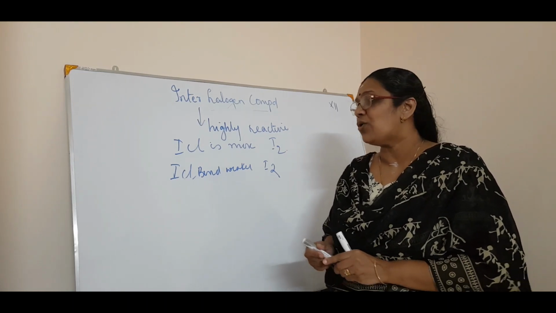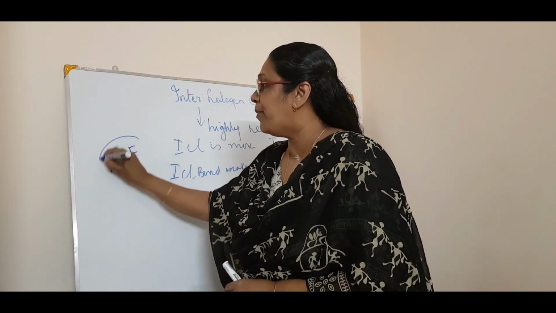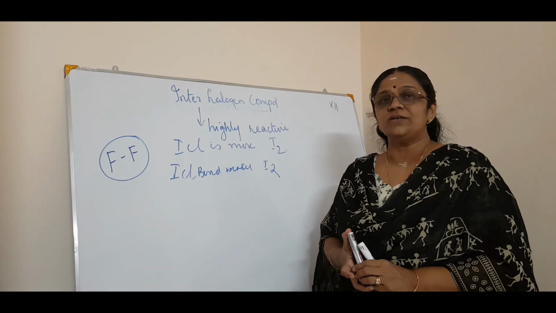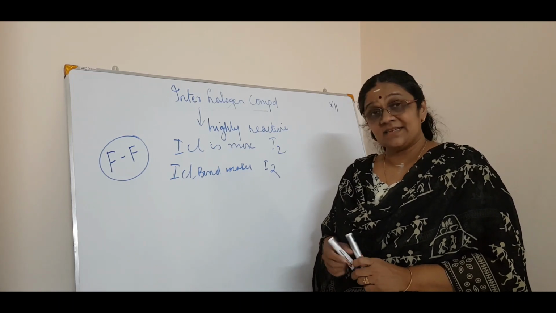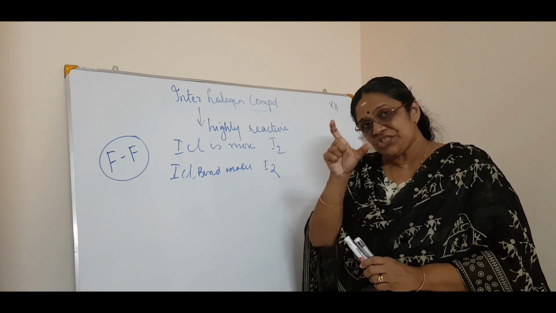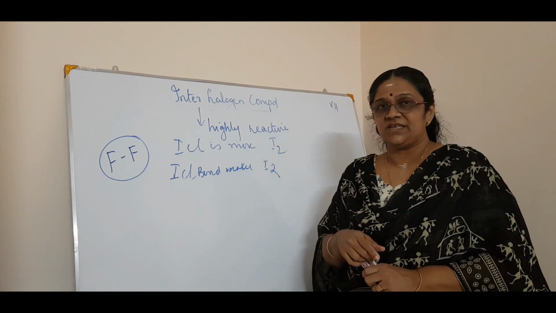But there is also an exception for this, that is the fluorine-fluorine bond. We studied in the last session that the bond dissociation enthalpy of fluorine is very, very low. Why?